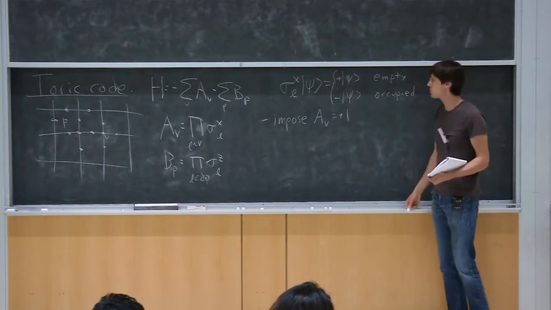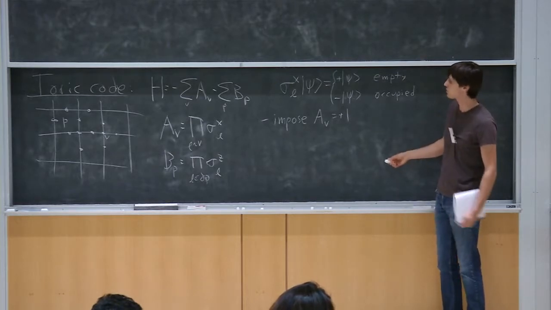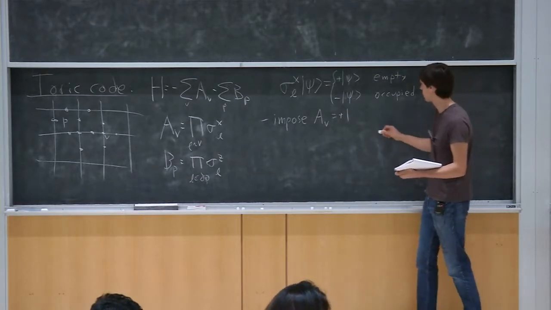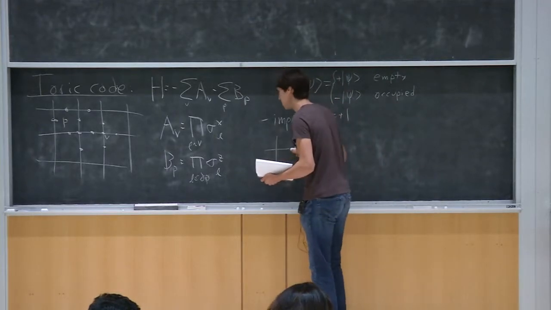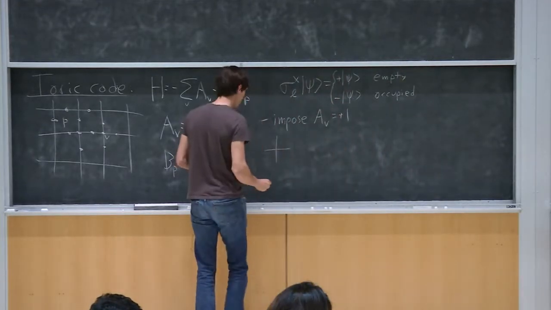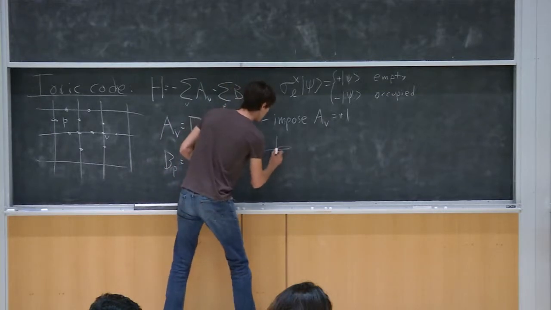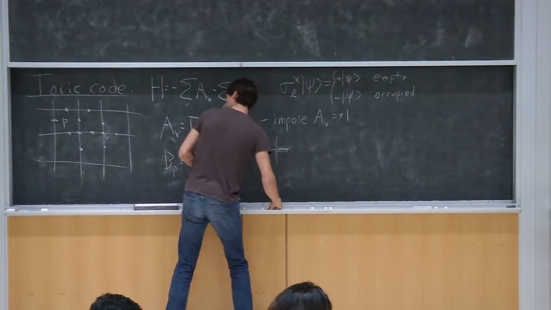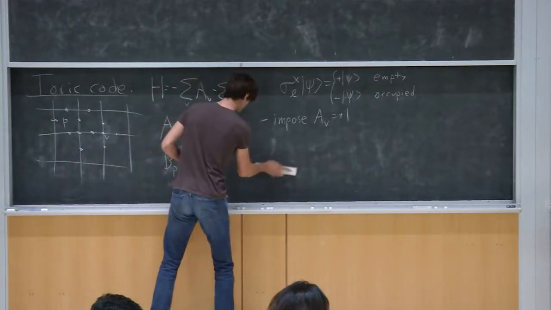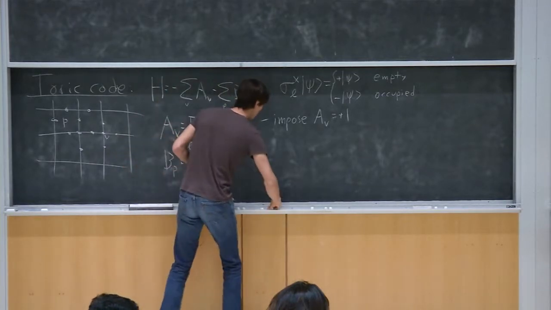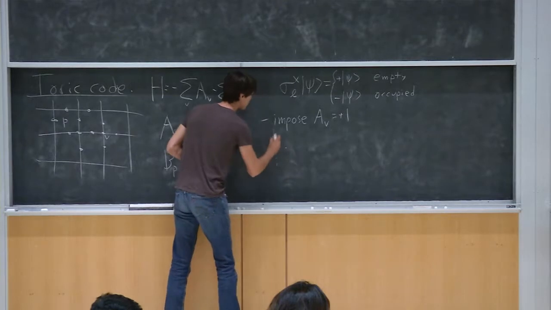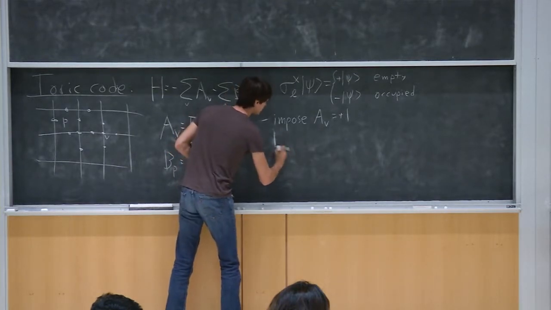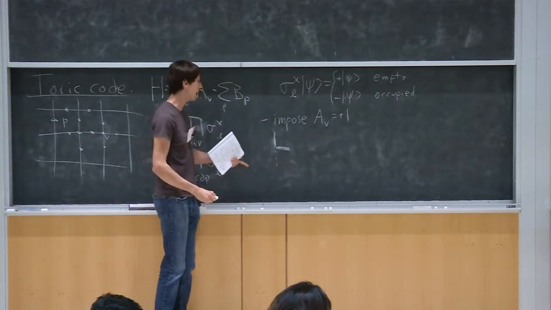And what kind of configurations does it eliminate? Well, it eliminates a bunch of configurations. What it allows for are configurations like, here, I'll just do this. So for instance, this configuration is okay.